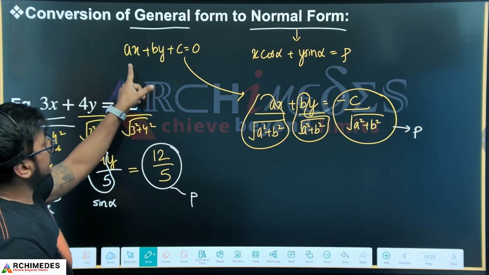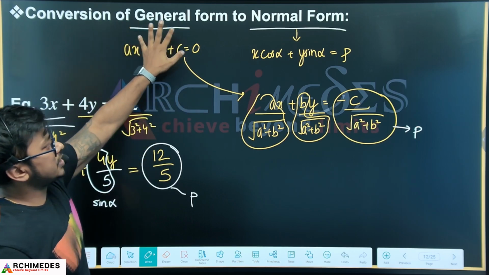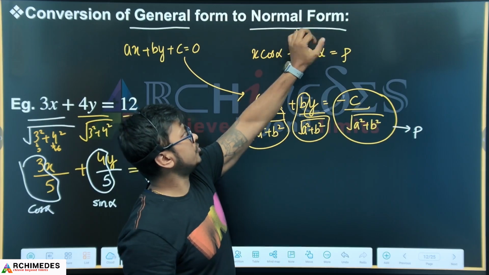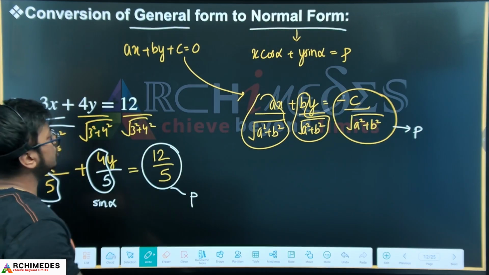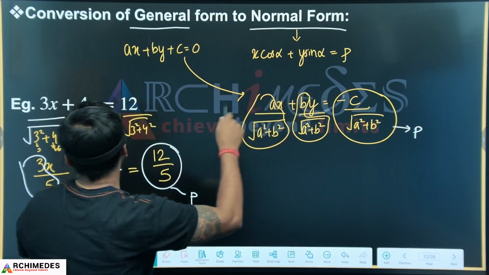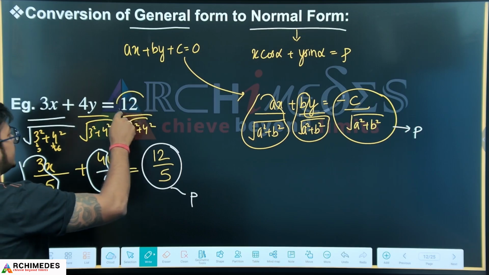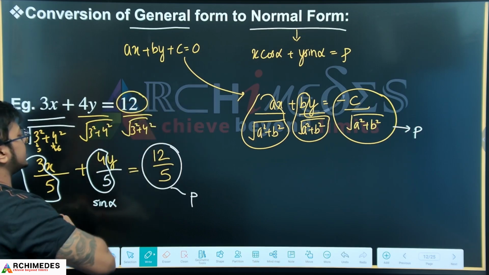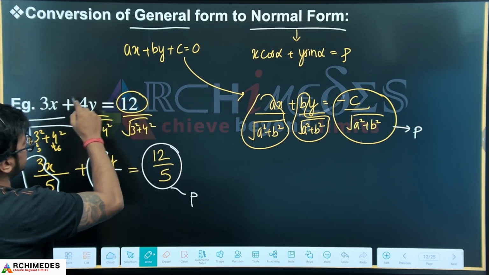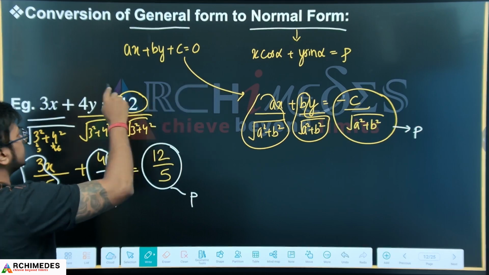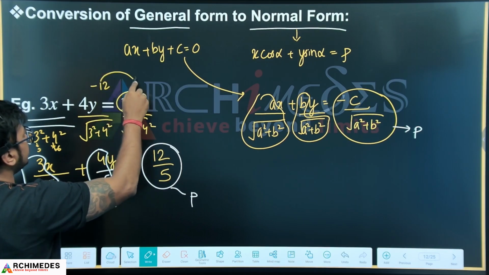So whenever the general form is given and you have to convert into normal form, what you'll do is put the constant term on that side. But in this question, the constant term is already on that side. Clear? But if c is on this side, you have to put the constant term on that side. That is, if this is minus 12, make it 12.